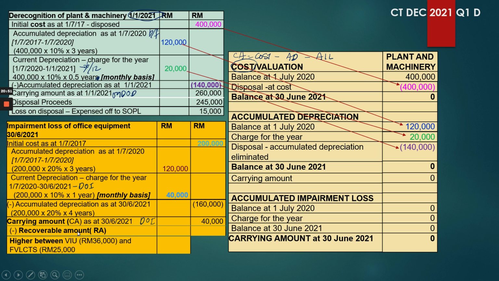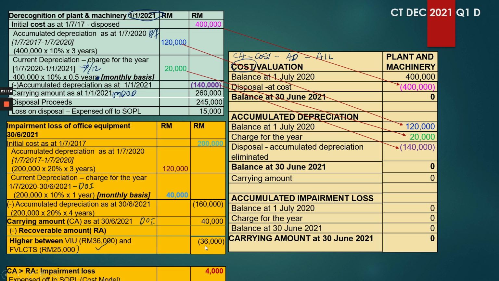The recoverable amount was given in the question, and you need to pick which one is higher between the value in use and the fair value less cost to sell. So fair value less cost to sell is lower, value in use is higher, so you will pick the value in use, and that would be your recoverable amount. The recoverable amount was 36,000.